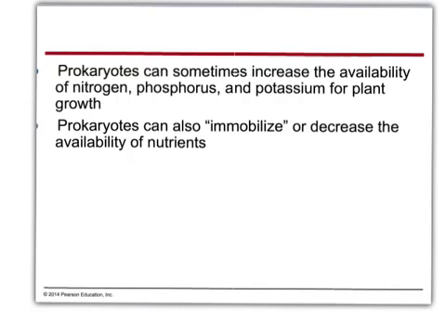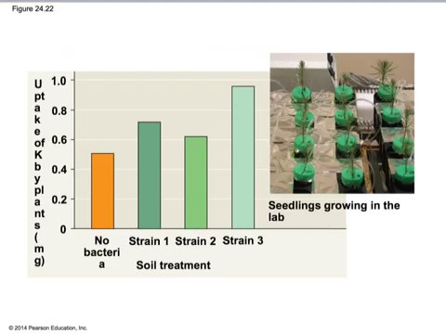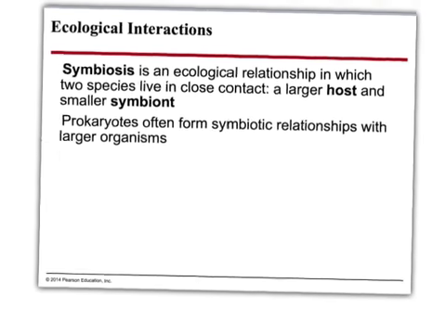All right, we use this for cleaning up oil spills, like gas leaks. All right, so this is just a graph showing what? Uptake of potassium by plants, right? And then go through that. What are we talking about?